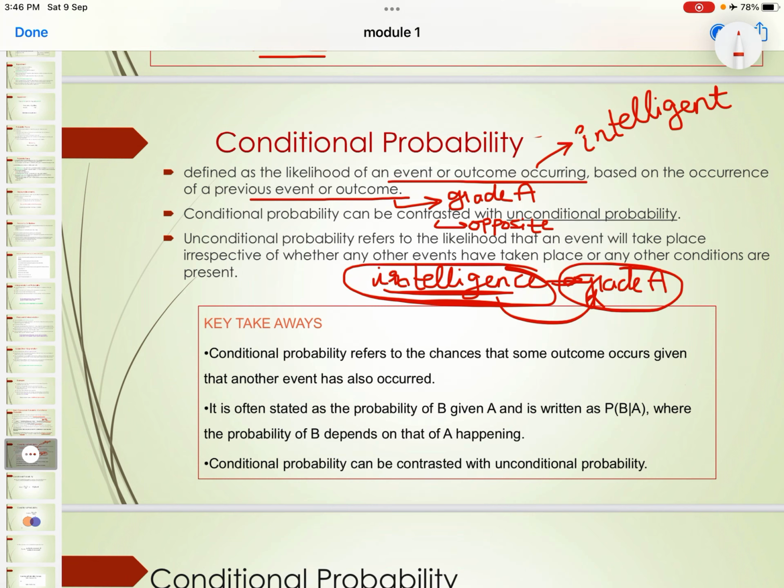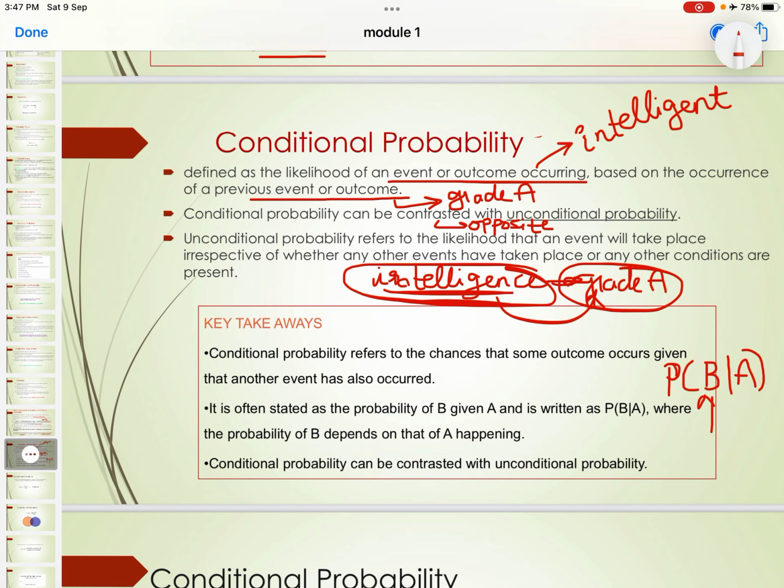So, key takeaways. Conditional probability refers to the chances that some outcome occurs given that another event has also occurred. It is often stated as the probability of B given A, and is written as P(B|A), where the probability of B depends on that of A happening.